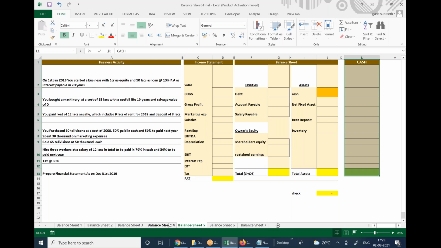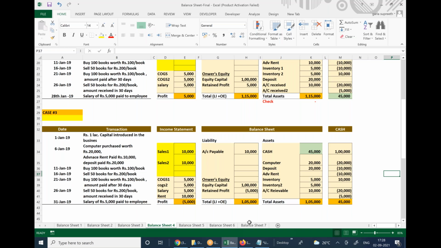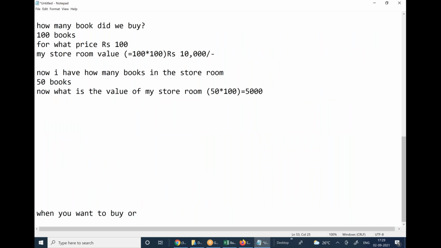See, when do you call advance rent? When you want to buy or utilize a service for the future, so you pay advance rent.